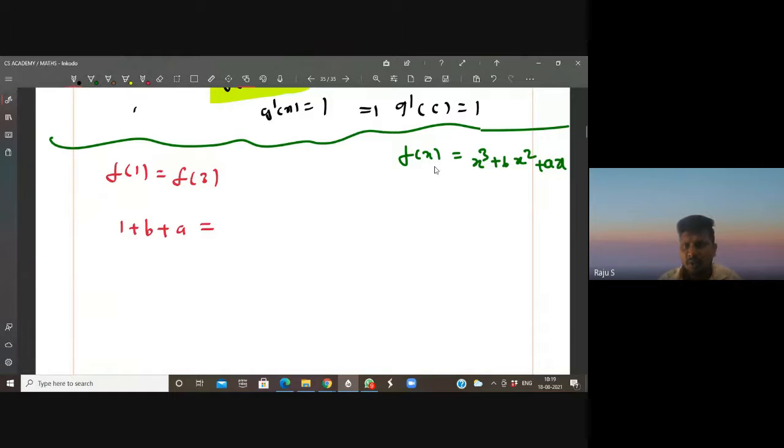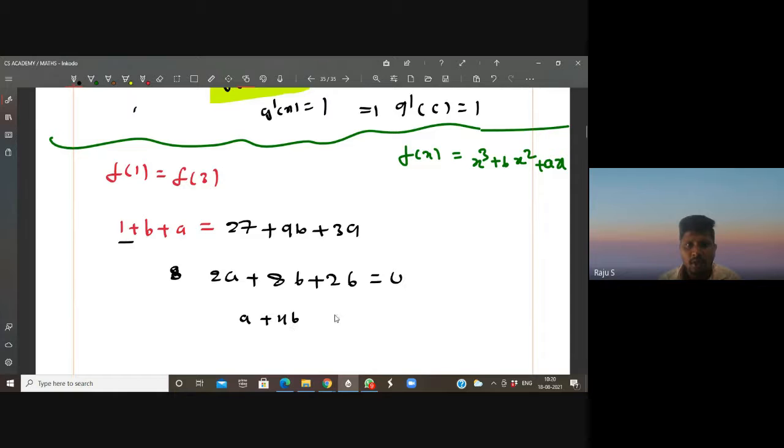What is f(3), students? 27 + 9b + 3a. From this equation, take 1 + b + a to the left side. So 3a - a is 2a, plus 8b, plus 26 is equal to 0. That is a + 4b + 13 = 0. This is equation 1.